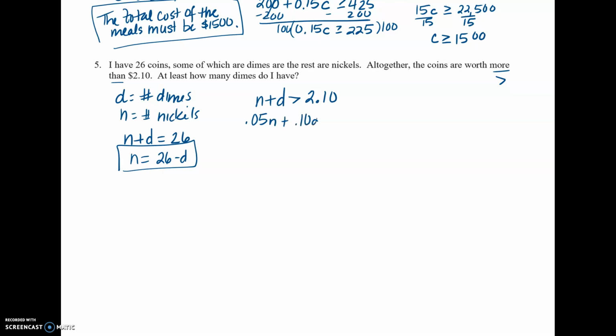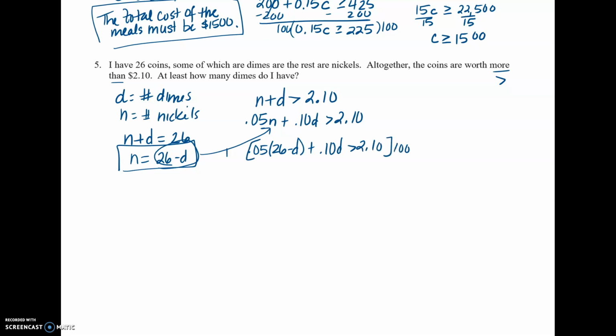It's 10 cents. But now I'm going to replace so that I can solve it in terms of one variable. I'm going to go ahead and put this in right here for nickels. So I'm going to have 0.05 times 26 minus D plus 0.10D is greater than $2.10.